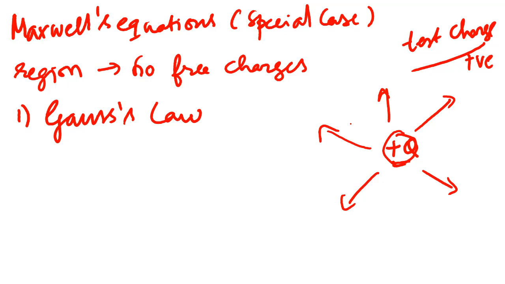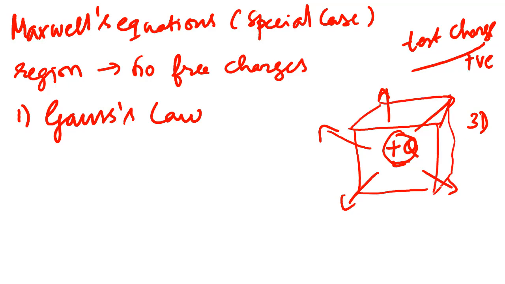So now Gauss's law is basically talking about the flux. Of course, this is in 3 dimensions, right? So if I were to enclose a charge in a volume, for example, let's draw a cube here, right?